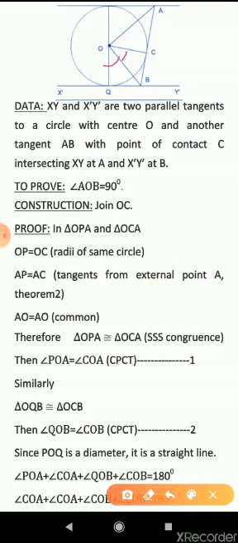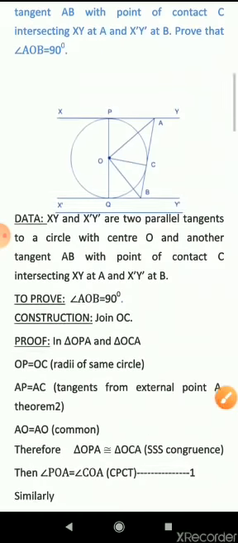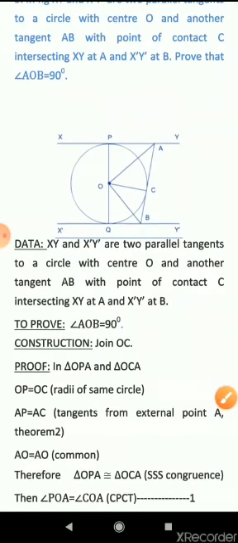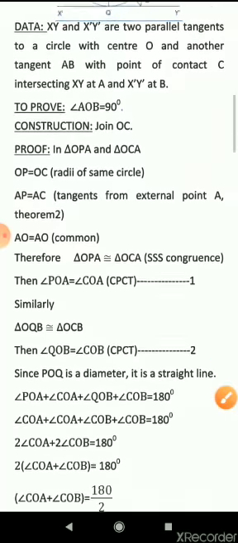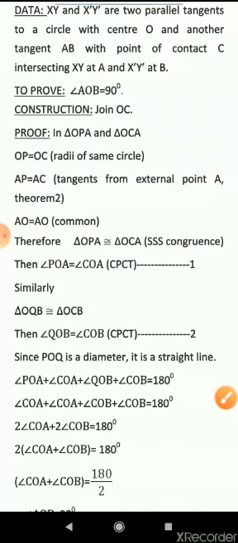Since POQ is a diameter, just observe here, POQ is this whole thing, a straight diameter. Then if we add all these angles, the total is 180 degrees because of the linear pair. Remember, POQ is a diameter, so it is a straight line.